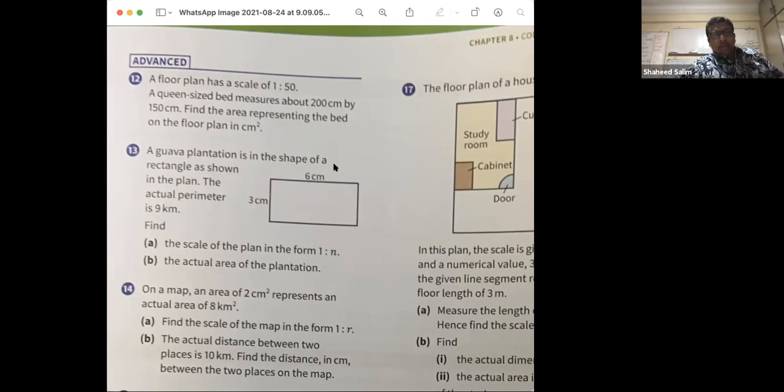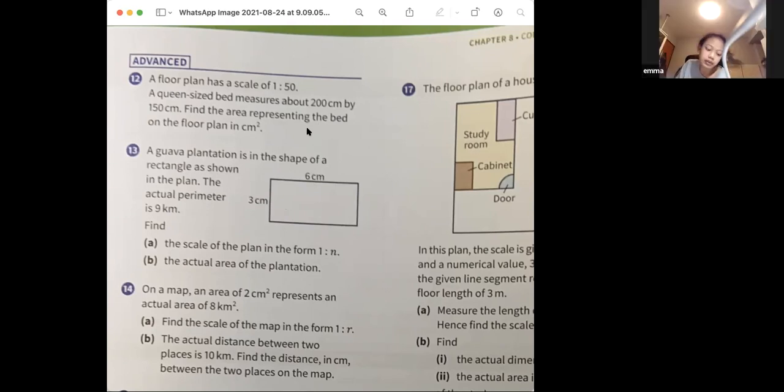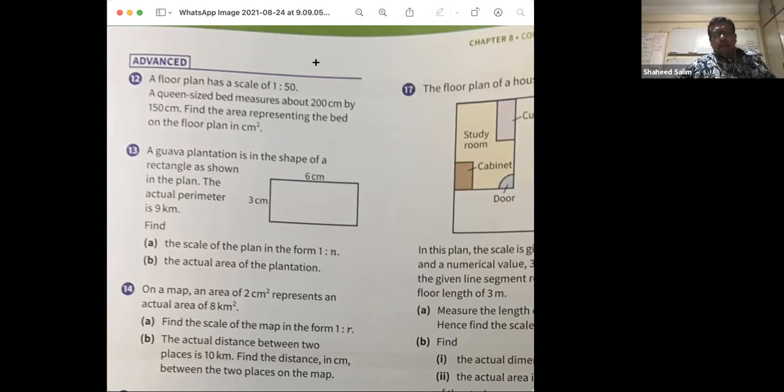But hold on. Now you must find what's the perimeter here and what it equals to. So what's the perimeter here in cm? 18. Okay, so hold on.